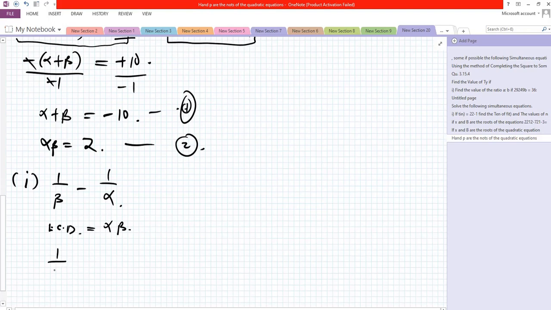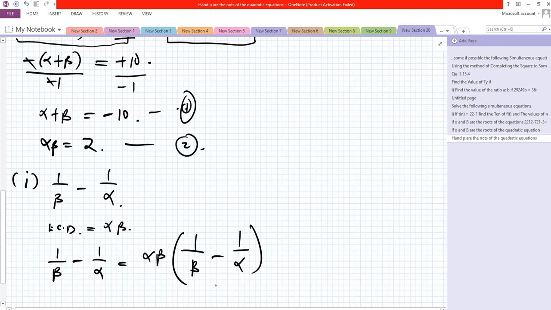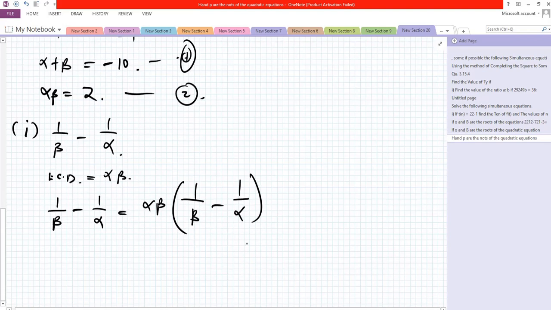That means 1 over beta minus 1 over alpha will be equal to multiplying by the lowest common denominator, and also using the lowest common denominator to divide the fraction. So if this cancels this, it remains as this.